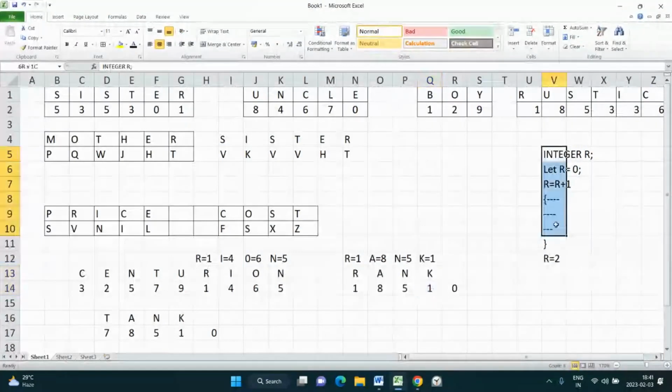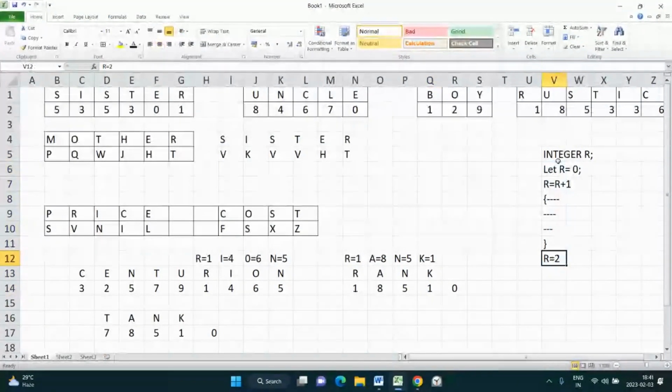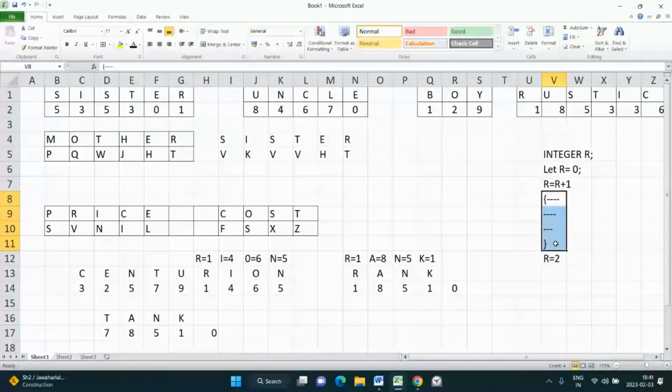So you would have seen programs like this: integer R. Let R is equal to 0, then R is equal to R plus 1. You are incrementing it and executing a loop here, a set of programs. Then at one stage you are resetting R's value as 2.